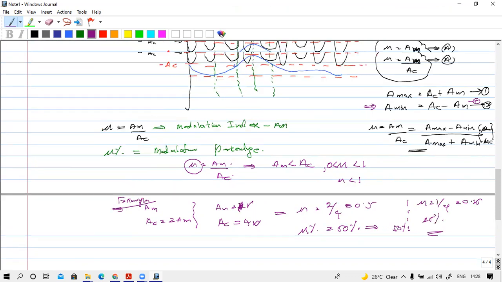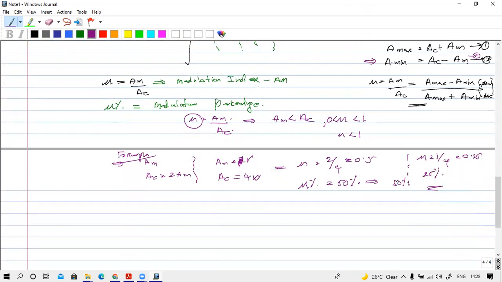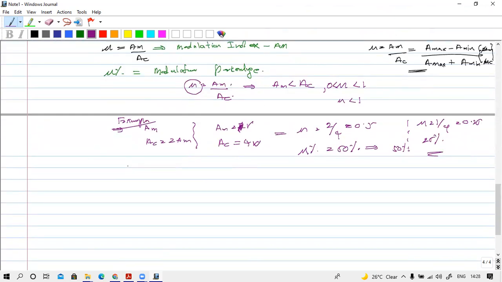At that time also you will get this kind of signal. Say that you get AM equal to AC. At that time what is the mu value? Mu is equal to 1, so the percentage is 100%. So what happened at 100%?